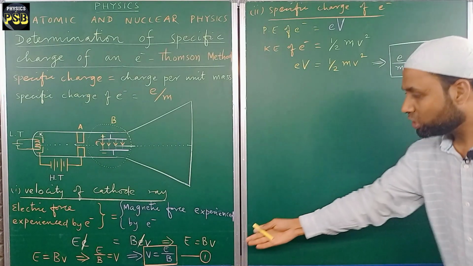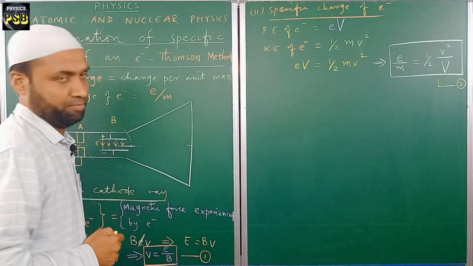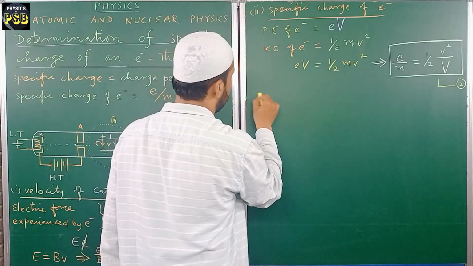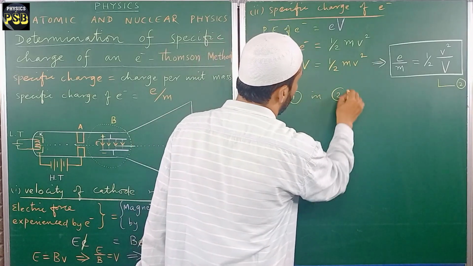Now, in equation 1, we have obtained the value of small v. So I'm substituting equation 1 in 2.